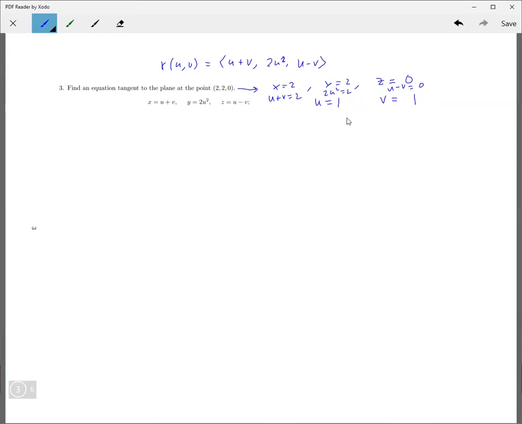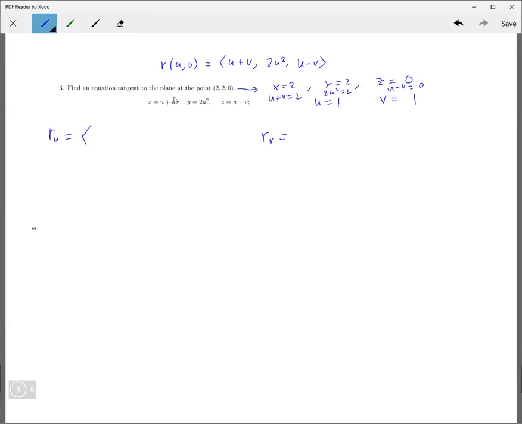Now what you're going to do is find 2 vectors at the point. The first one is r_u and the second vector is r_v. This means you take the partial of each of these components with respect to u.